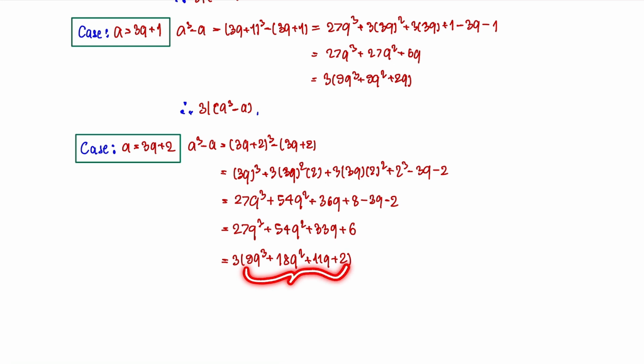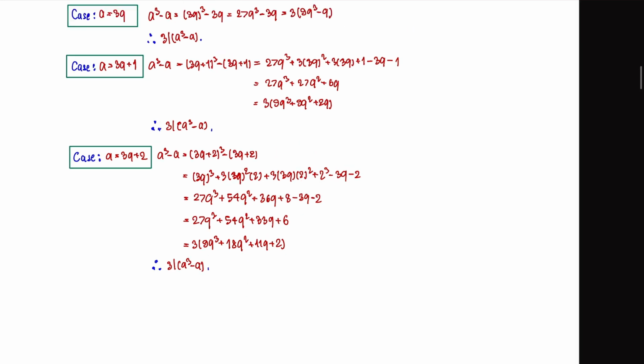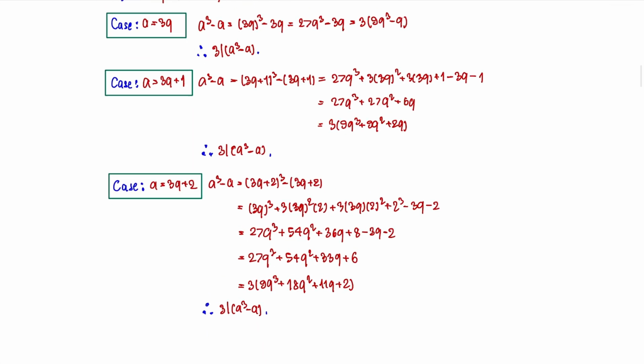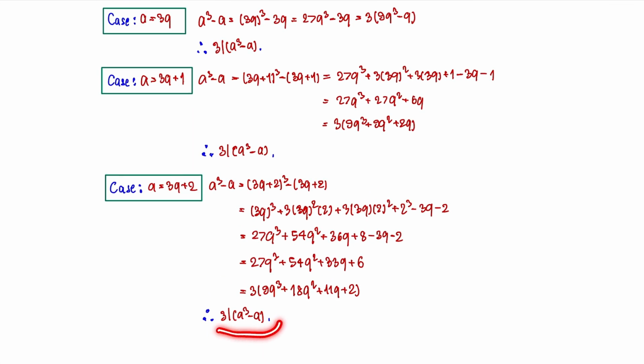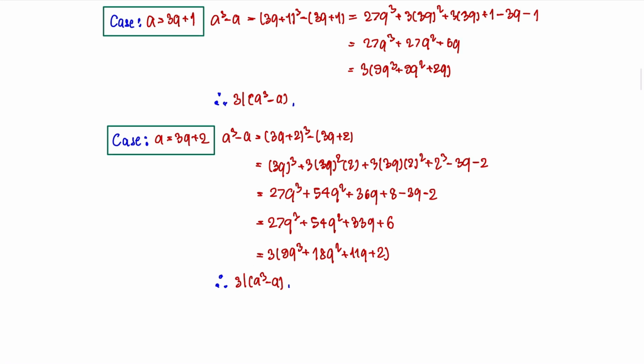This is an integer, right? And we have the number 3 right here. That means a cubed minus a has a factor of 3, so 3 divides a cubed minus a. So from all cases, 3 divides a cubed minus a.